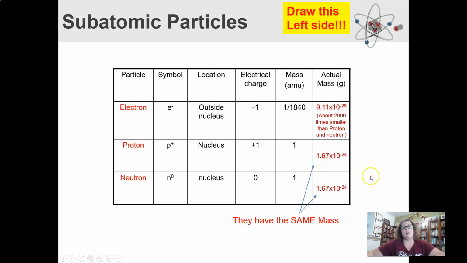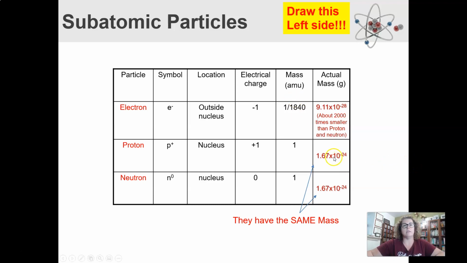Now these two last columns that you see, how much actual mass do they have? Well, I'm going to go to the last column first. We have never been able to take one proton and put it on a balance and weigh it, but calculation-wise, we know the approximate mass of all three of these particles. And remember we said the majority of the mass is the nucleus.